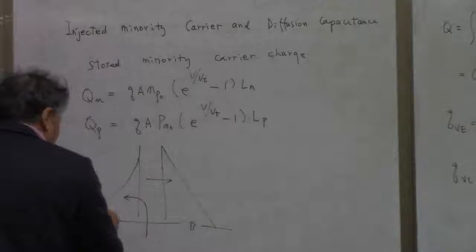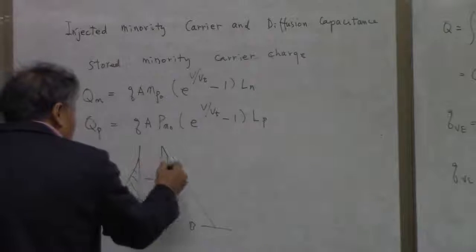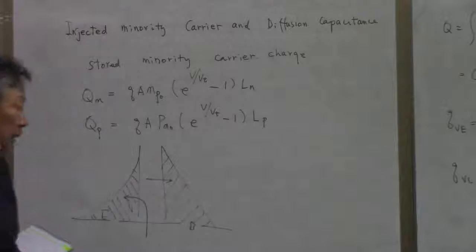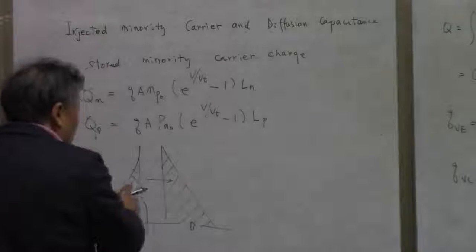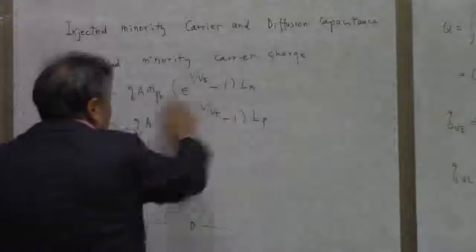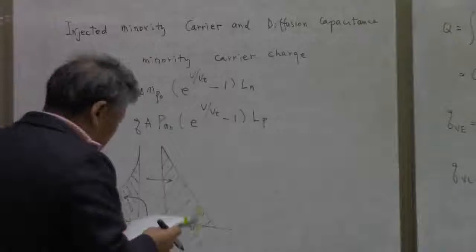So we have some charges which have been injected into each side of the diode as minority carriers, and that charge is going to be written something like this. We have covered this in the diode section, right?